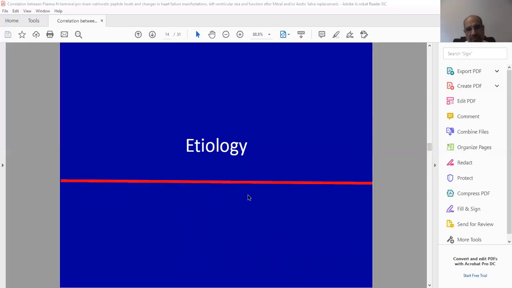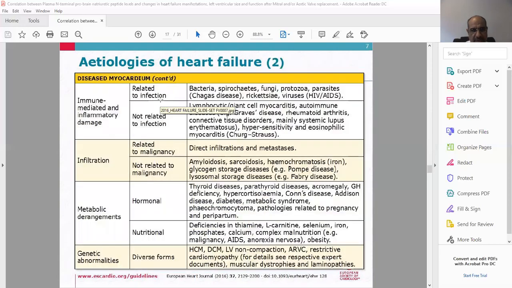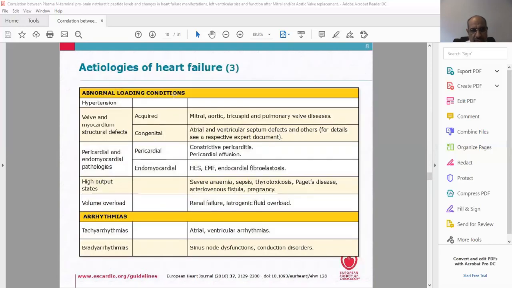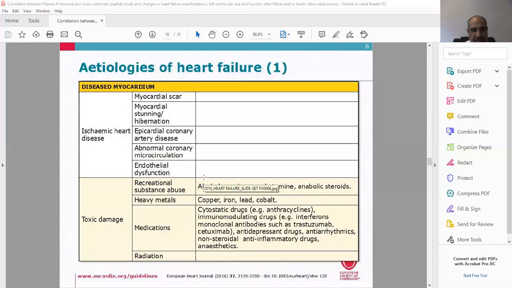Etiology of heart failure in the last guidelines: it's very easy now to diagnose the etiology of heart failure by classifying it into either disease of the myocardium, abnormal loading conditions, or arrhythmia. So we have three main causes of heart failure: number one, disease of the myocardium; number two, abnormal loading conditions; and number three, arrhythmias.